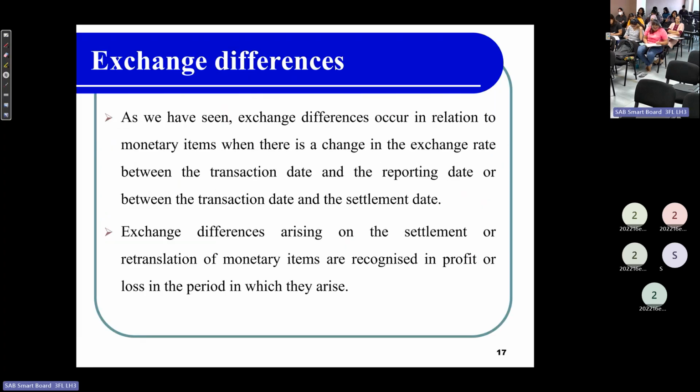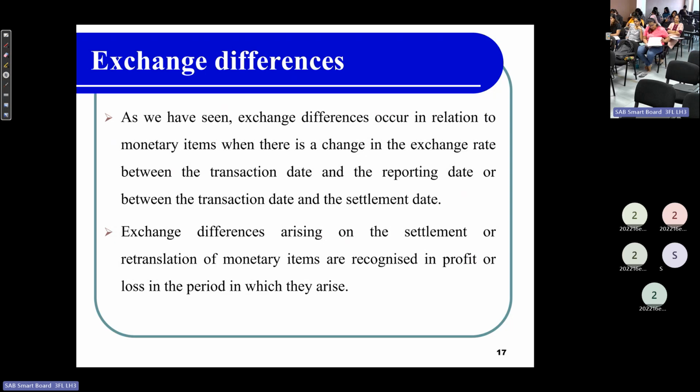Right, practice question number 3. Before that, we'll read this. Exchange difference, as we have seen, occurs in relation to monetary items when there is a change in exchange rate between the transaction date and the reporting date, or between the transaction date and settlement date. That change should be charged to P&L.